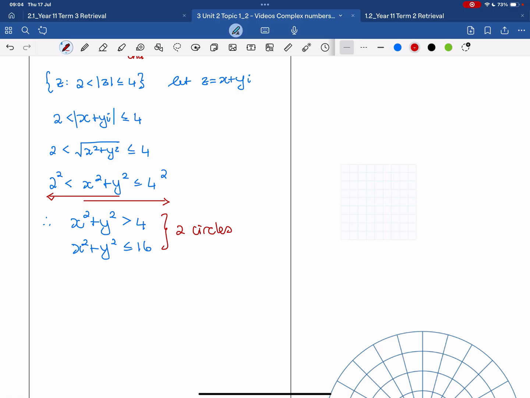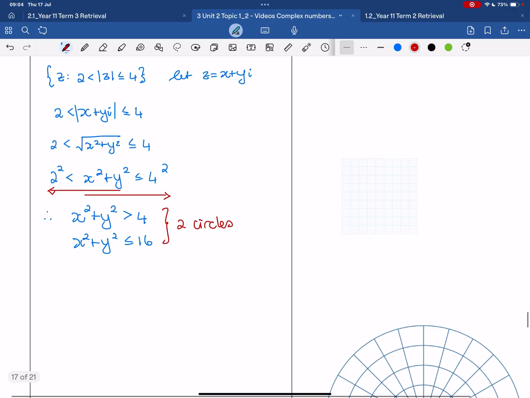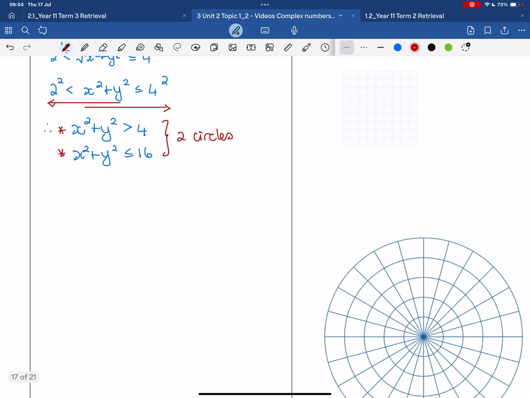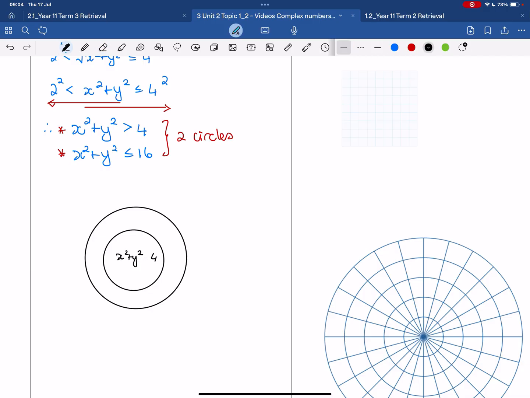Okay, and I'm going to be coloring in the area outside of this circle and the area inside of this circle. So I'm actually coloring in the area in between. And I can illustrate that with 2 circles. However, we're going to get to it when we're actually sketching the thing. But basically what we've got is, imagine that this circle over here is my x squared plus y squared equals 4.